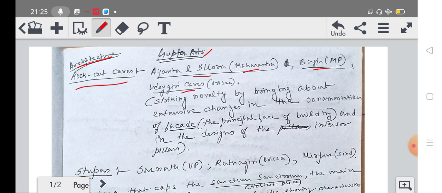So, striking novelty by bringing about extensive changes in the ornamentation of facade. Facade means the principal face of building, means from where we can enter into a building, the principal gate, and in the design of the interior pillars.